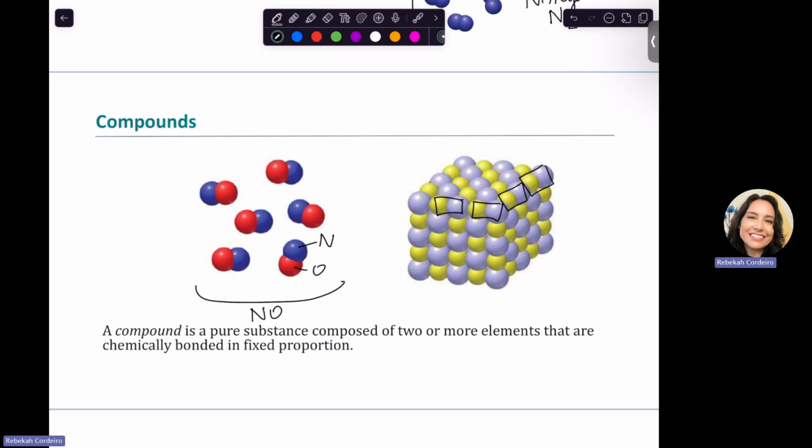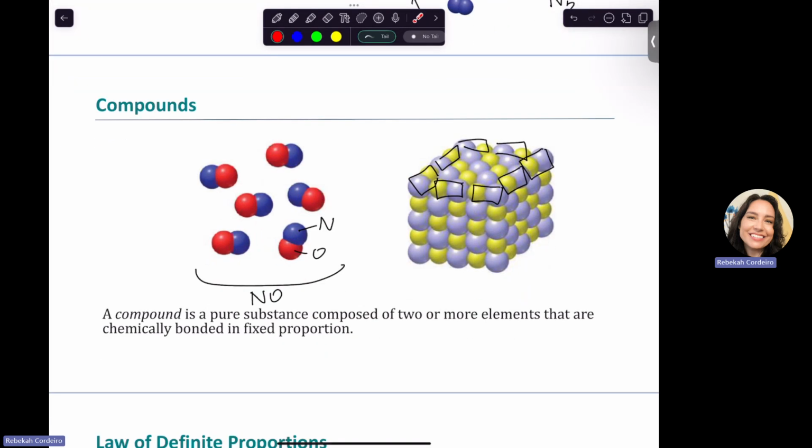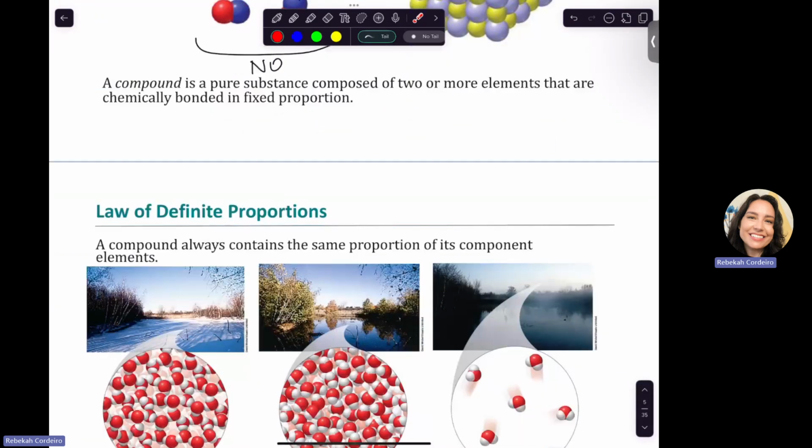And because there is this ratio that stays the same, we can think about it as this repeating pattern over and over again. We're going to copy and then paste, paste, paste. That makes it a pure substance. There's just one thing there, nitrogen monoxide.